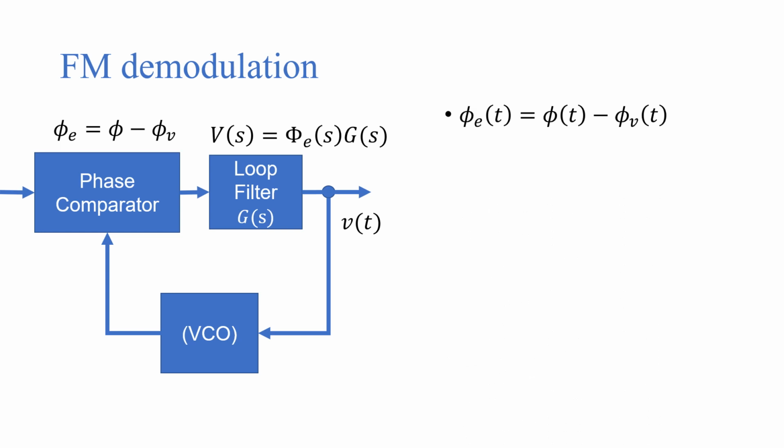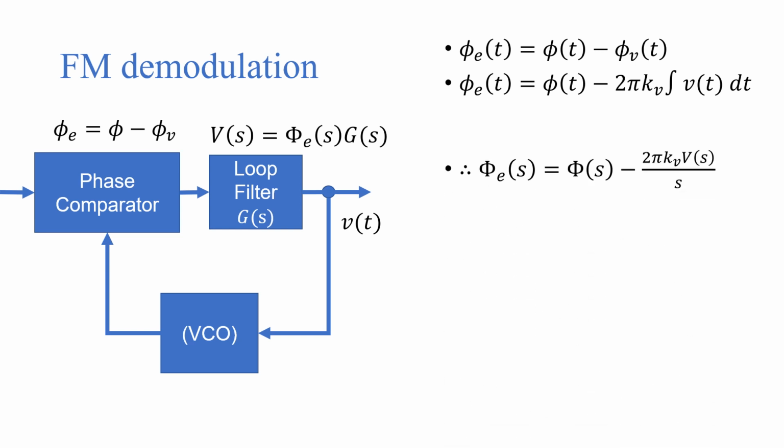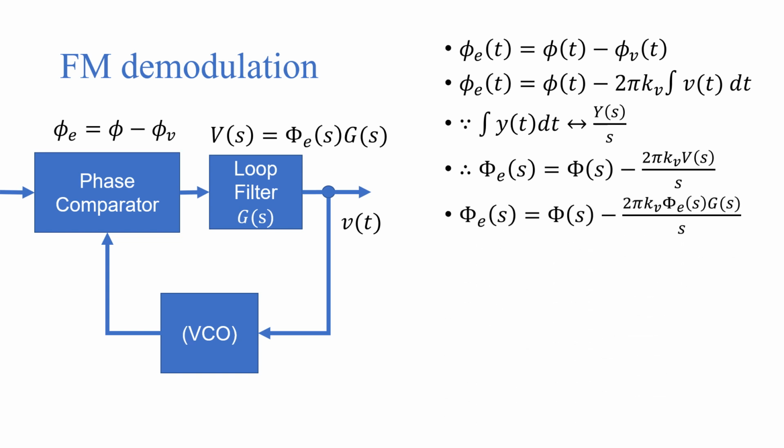Now let us see how the FM demodulation takes place. So phi_e(t) is the phase difference between the phases of FM input and VCO output, which after substituting phi_v(t) with its value, the integrated VCO input v(t), and taking the Laplace transform we get the expression, where we use the fact that integration is replaced by a pole at 0 in the Laplace transform. Noting that the VCO input V(s) is the product of loop filter input and its impulse response in frequency domain, V(s) is replaced with phi_e(s) times G(s).